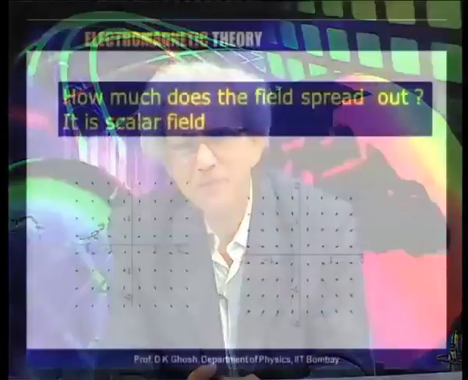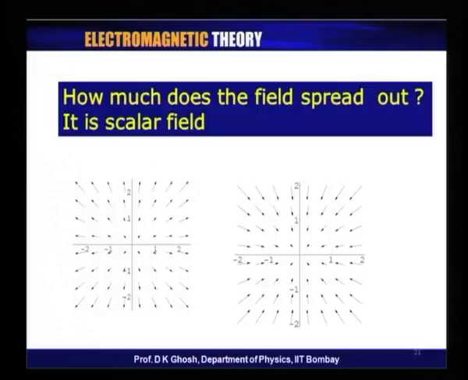So, what is this divergence of a vector field? This picture here gives you an idea. As the name suggests, it gives an idea of how much the vector field diverges from a point.